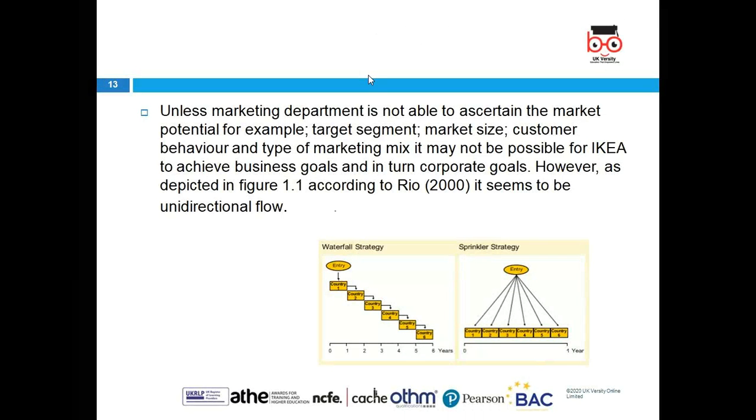Then if we look further in this slide, you will see there are different strategies called waterfall strategy and sprinkler strategy. Like a sprinkler, it spreads, and waterfall is like water going downward. Yes. So your strategy you make, unless the marketing department is able to ascertain the market potential, for example the target segment.